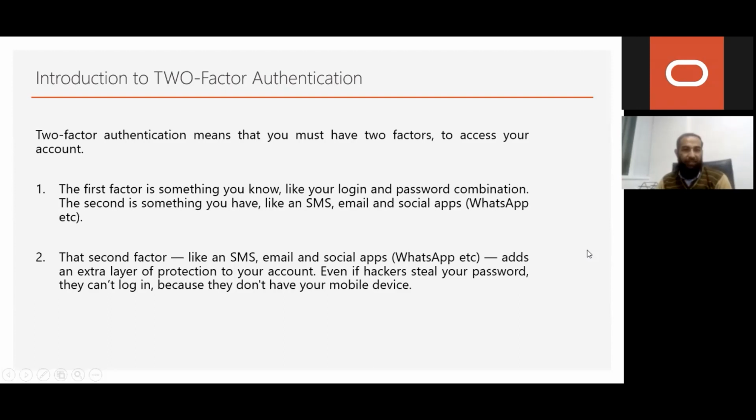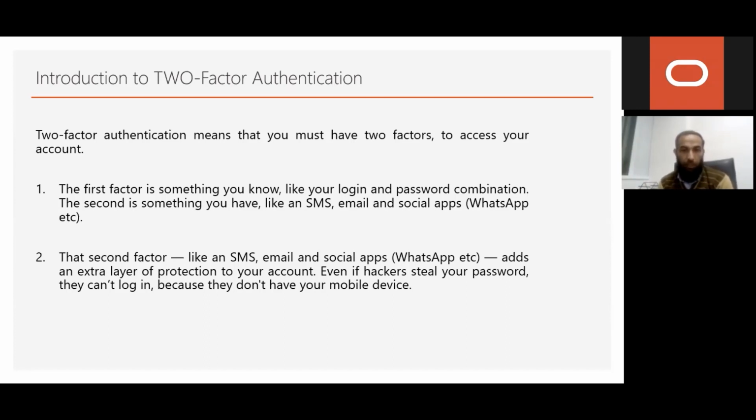And the second is something you have, like an SMS, email, or social app. There are some third-party tools also, Google and Microsoft, which provide you a built-in OTP app. But we are talking about our custom OTP. We will generate our custom OTP using a built-in Oracle package, dbms_random.value, and then store that OTP in a hidden page item.